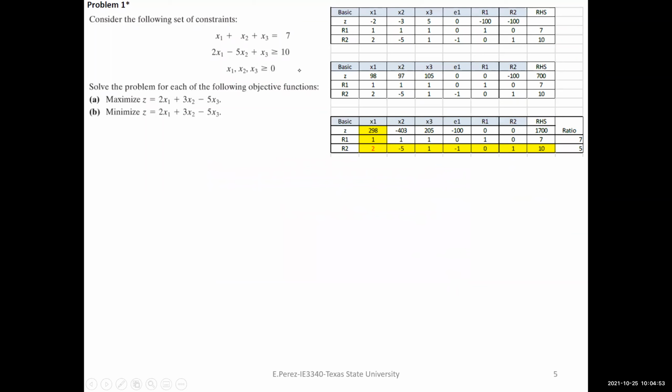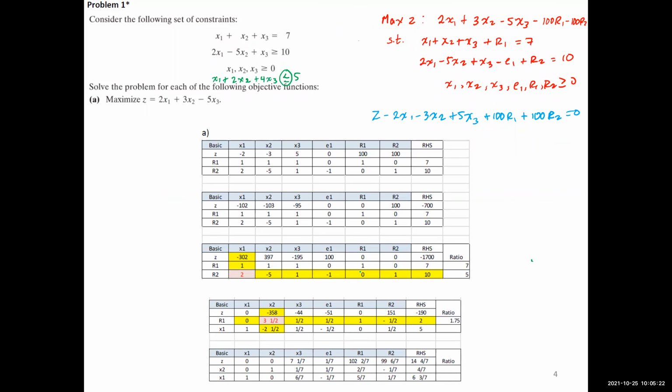That's why when we solved problems at the beginning using the simplex method, if you go to lecture 4, you'll see that we started the discussion only with constraints that were less than or equal to, because then you don't need the artificial variables.